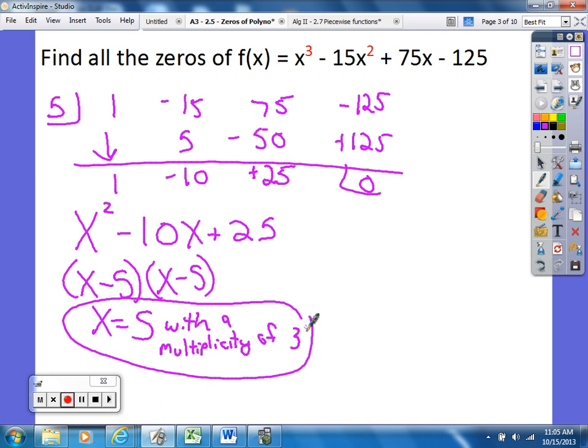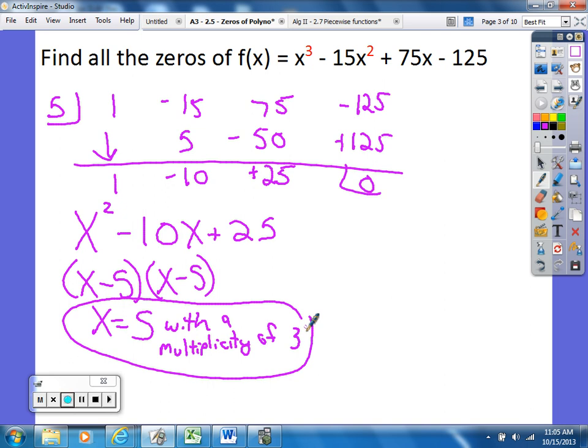That's why I'm going to say the multiplicity of 3. Notice it does go through at 5, doesn't it? It doesn't just touch at 5. If it touched at 5, what kind of multiplicity do I have to have? Even, right? So it could be 2, could have been 4. Well, it couldn't be 4 because that's too high for this one. Okay, does that make sense to everybody so far?